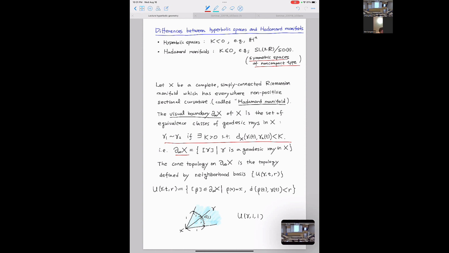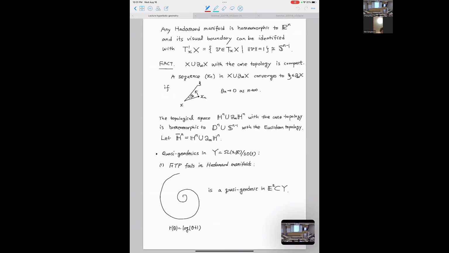There is also the cone topology on the boundary, defined like this, which is similar to the topology on the Gromov boundary. Any Hadamard manifold is homeomorphic to R^n, and the boundary can be identified with the unit tangent sphere at some point, which is homeomorphic to the (n-1)-sphere. So the topology is very simple.